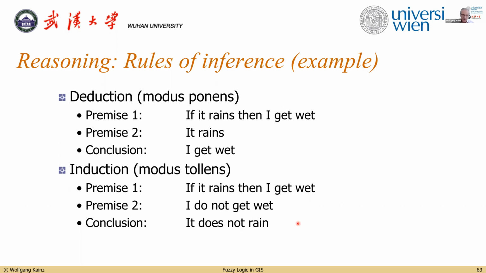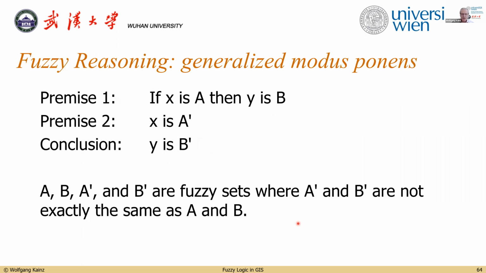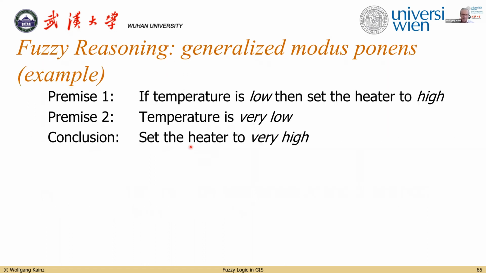And in fuzzy reasoning, we use the same principle, but we call it a generalized modus ponens, or a generalized deduction principle. So we have again a premise: if x is A, then y is B. Then x is A dash here, and y is B dash, meaning that A and B and A dash and B dash are fuzzy sets where they are not exactly the same, or in other words, they are similar. Let's look at an example here.